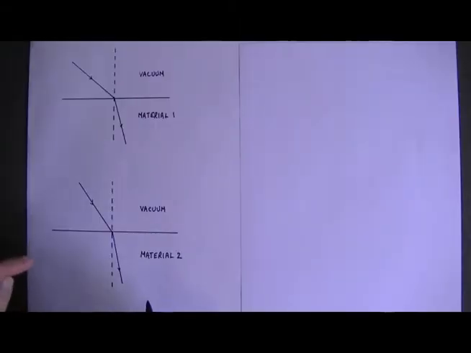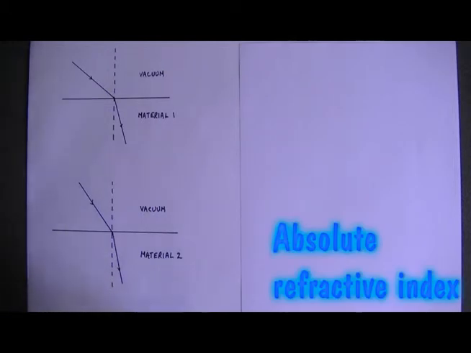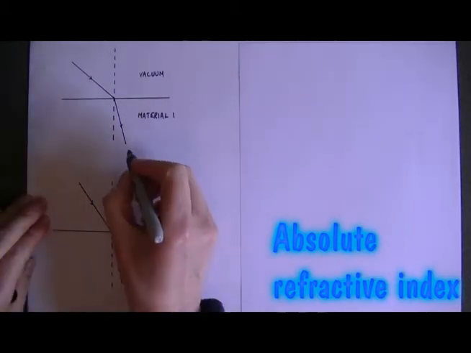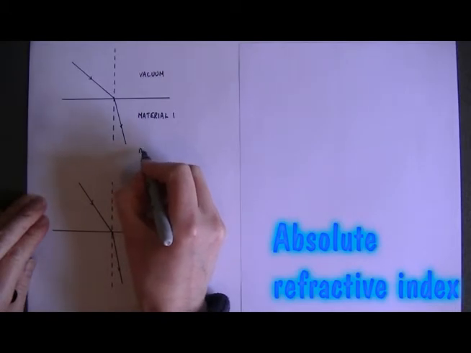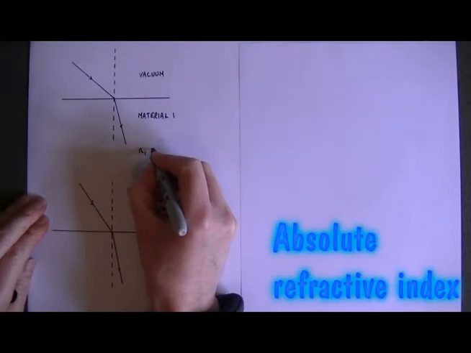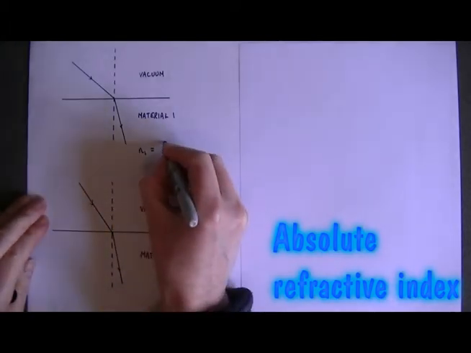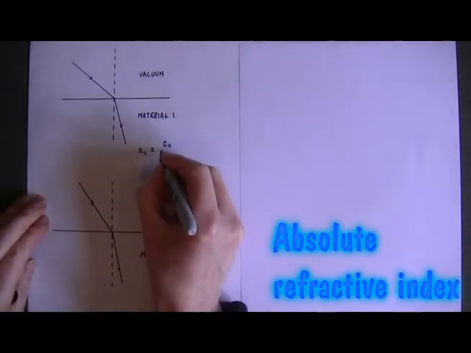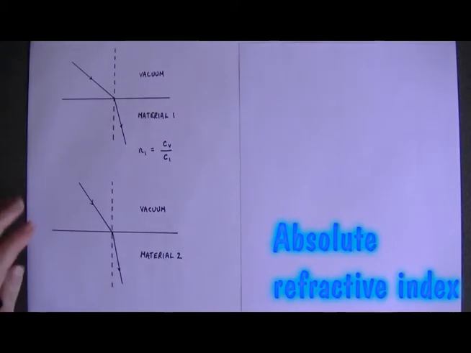For a transparent material, I can define what we can call the absolute refractive index. So here for material 1, I can talk about n1, the absolute refractive index, being equal to Cv, the speed of light in a vacuum, divided by C1, which is the speed of light in the material.